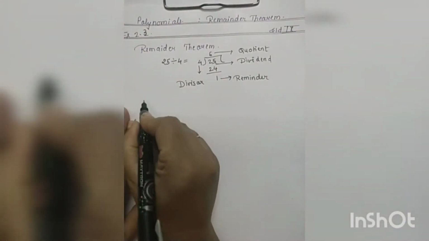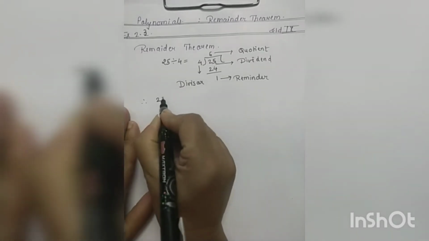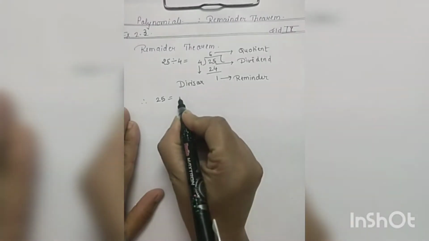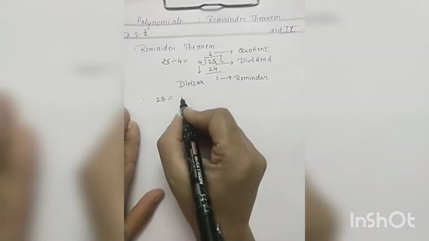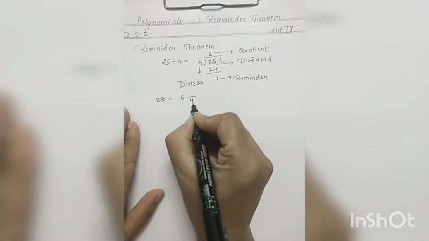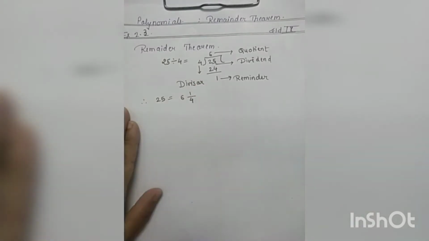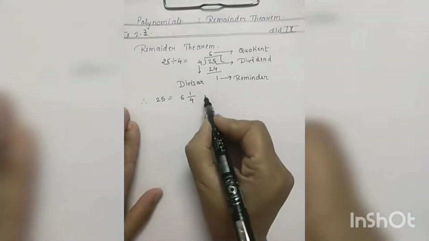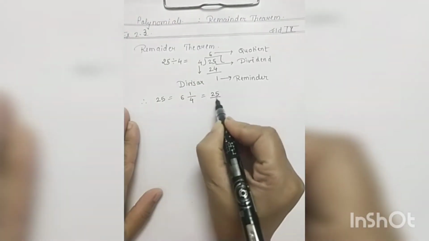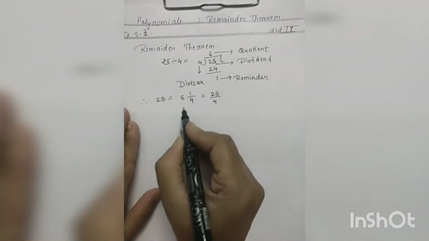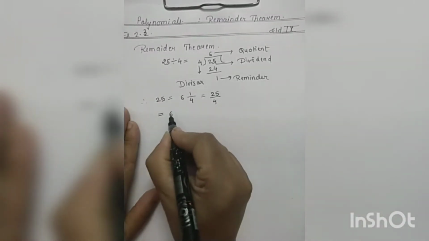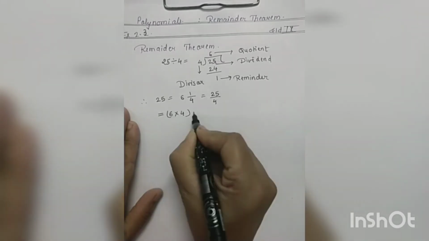And how did we used to write that 25? We used to write it in mixed form, 6 and 1 by 4, that is 24 plus 1, 25 divided by 4. So how do we write this? 6 into 4 plus 1.